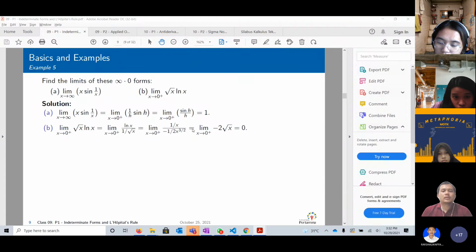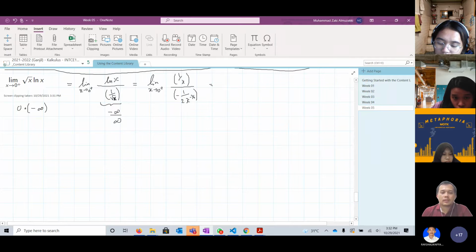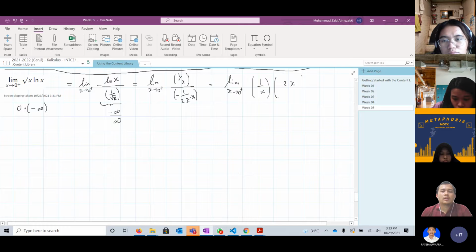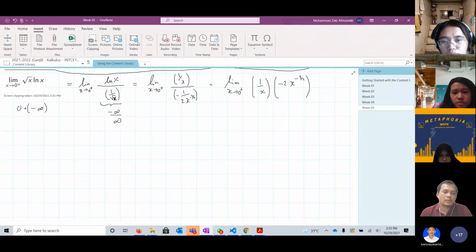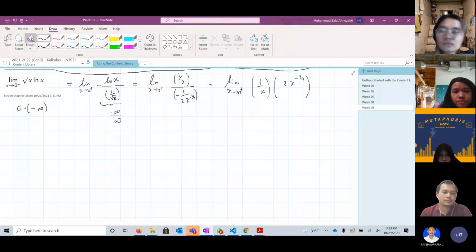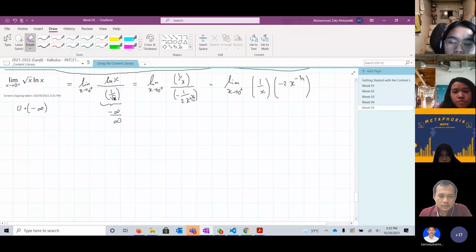So from here we can rewrite everything. This is equal to limit x goes to 0 from the right of 1 over x times minus 2 x power minus 3 over 2. Minus, no, not minus, it should be plus.